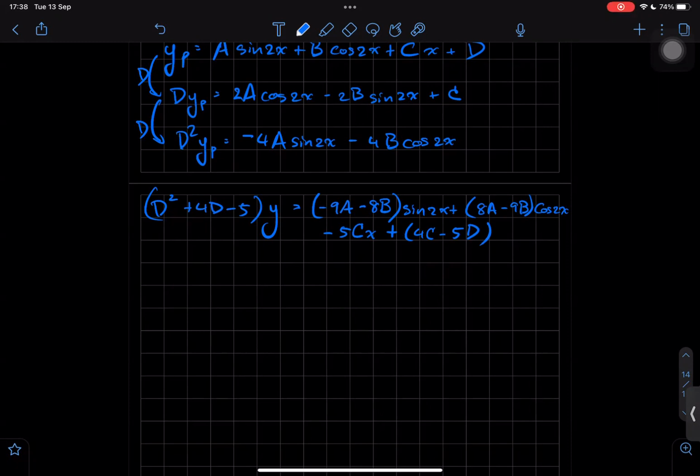And this is also equal to 3 sine of 2x plus 5x plus 4, right?